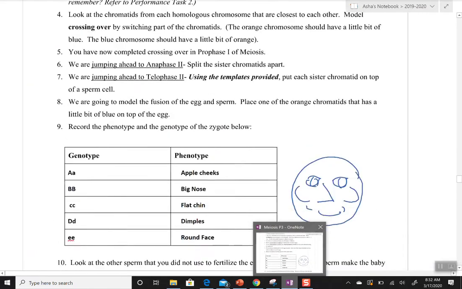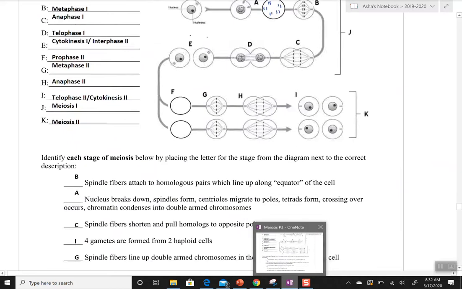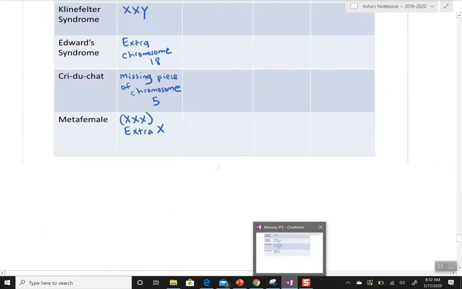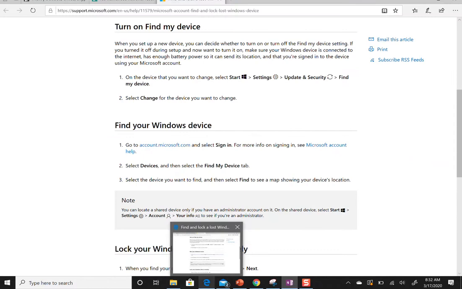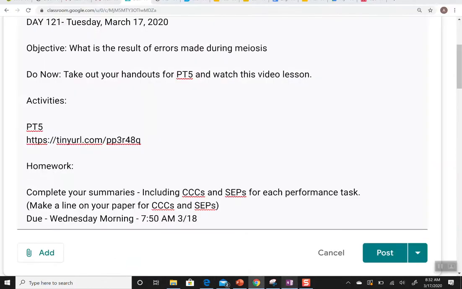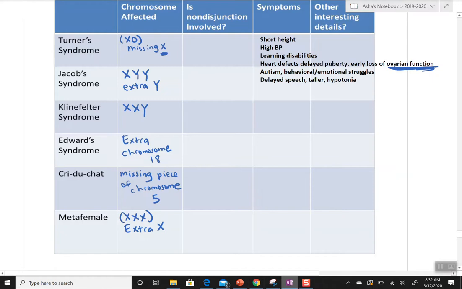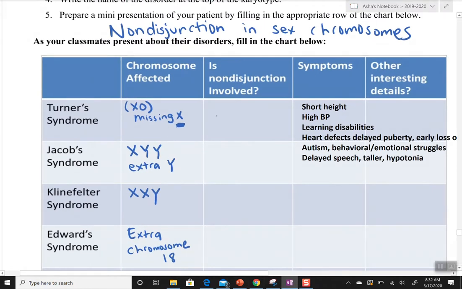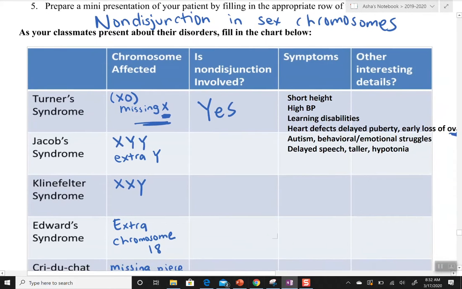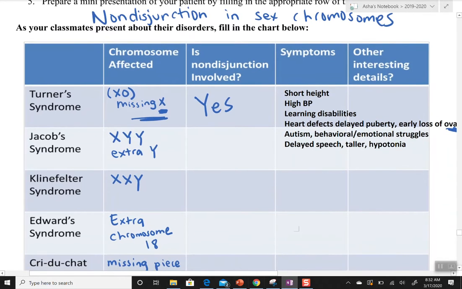And because this person is entirely missing a chromosome, in this table it asks, is non-disjunction involved? The answer to that is yes, non-disjunction is involved because we're missing an entire chromosome. Okay, so that is Turner syndrome.